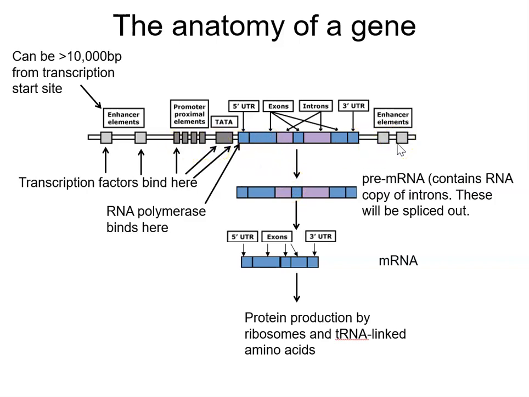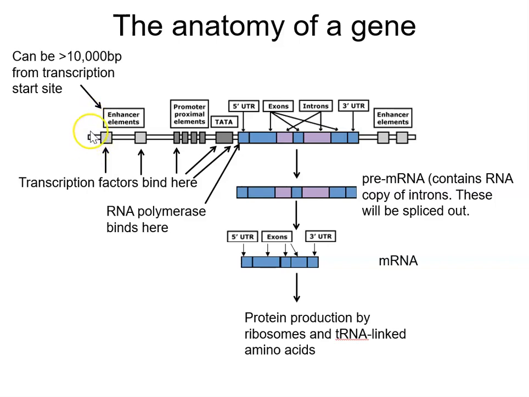Some of the smallest eukaryotic genes just have a single exon, and they're quite unusual if they've only got a single exon, but an average sized gene might have 10 exons, and from start to finish, from here to here, might be spanning 50 to 100,000 base pairs of DNA.